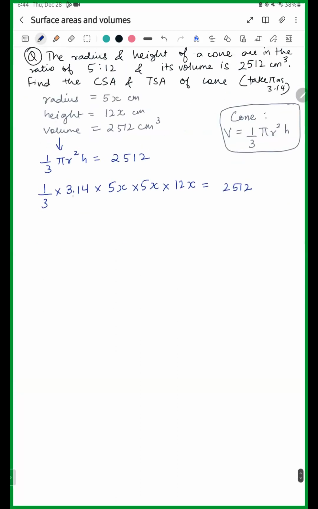Okay, now what we need to do is this x into x into x will become x cubed.